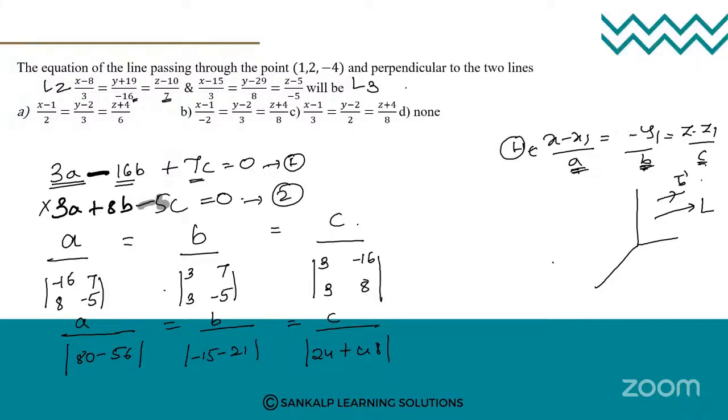Till then, if anybody is solving along with me, you can go for the final values. So 80 minus 56 is 24, minus 15 minus 21 is 36. And the remaining 24 plus 48, how much, 72.